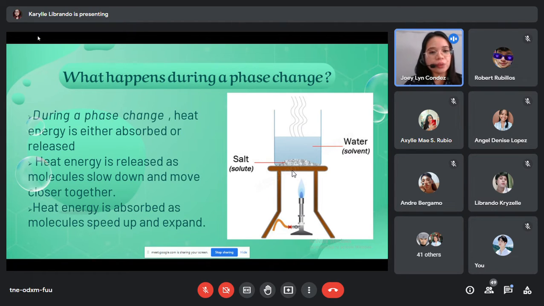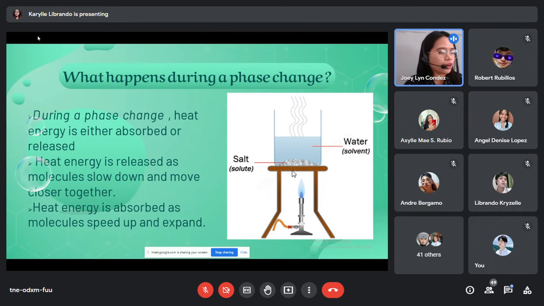So in this picture, what happens to the heat energy? Is it being absorbed or released? So we're heating salt solution. So what happens to the heat energy here? They absorb or they release or remove sa matter or sa molecules.